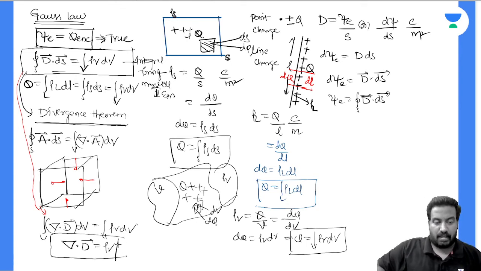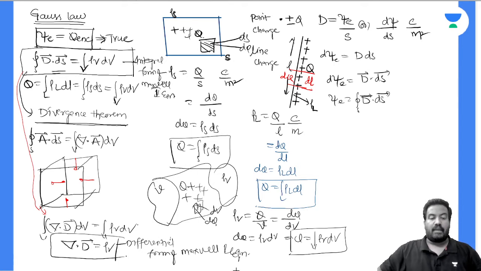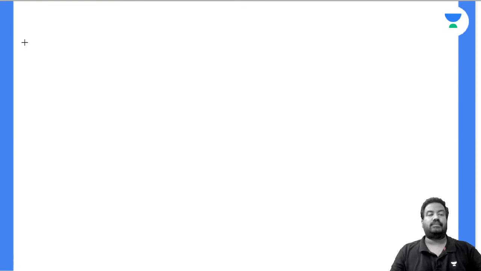This is called the differential form of Maxwell first equation. That is how we derived the Maxwell first equation.